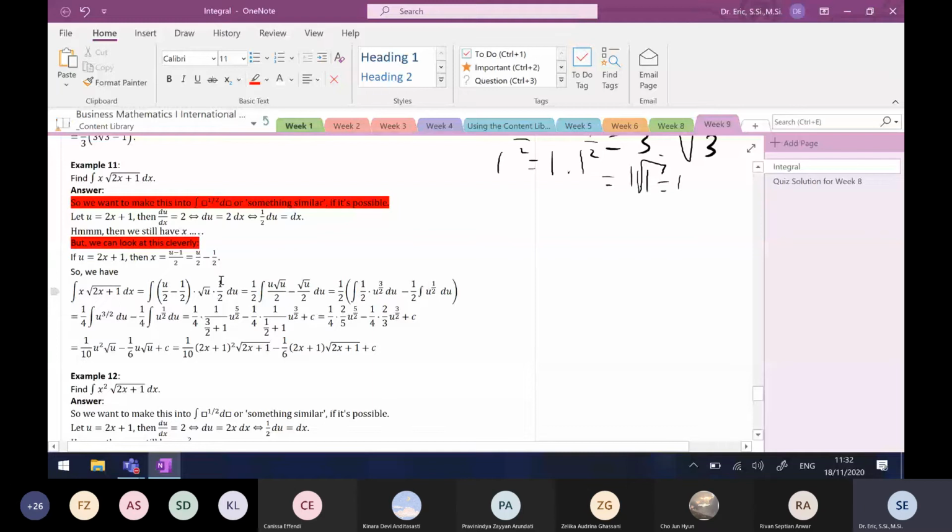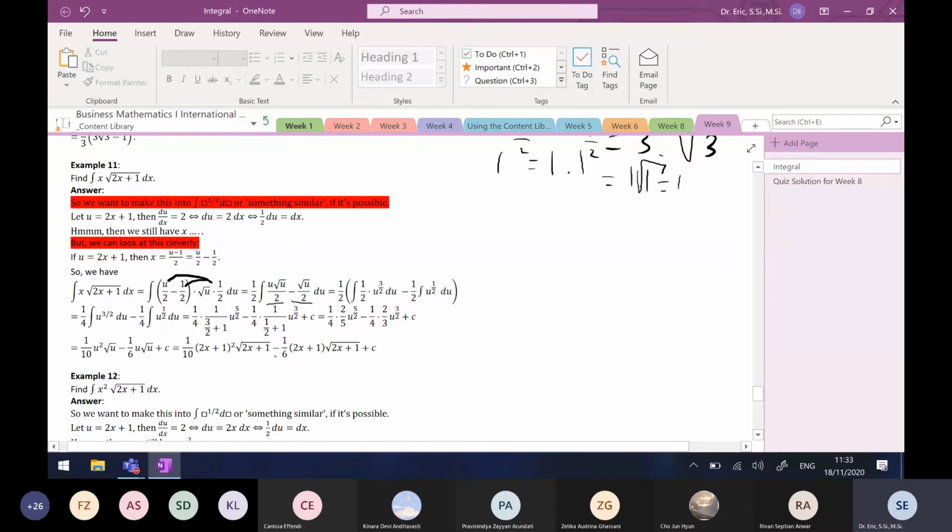Okay, the constant can leave the integral. So you have this. You can multiply u over 2 times square root of u. You can multiply this 1 by 1. So you have u square root of u over 2, minus square root of u times 1 divided by 2.